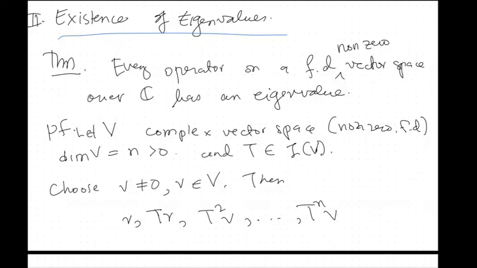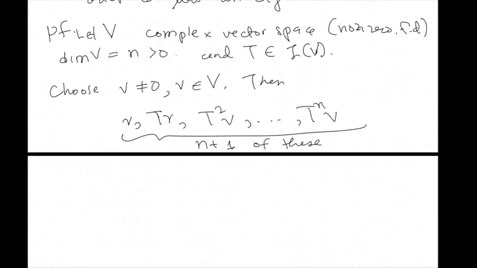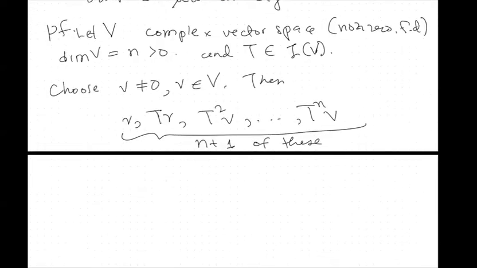This set has how many? n plus 1 of these. Because there are n plus 1 of these, they are not linearly independent.